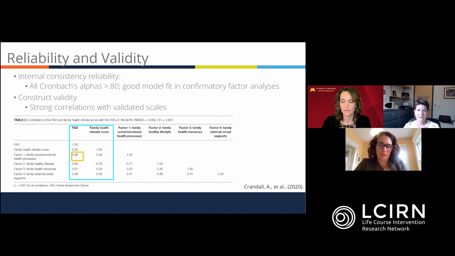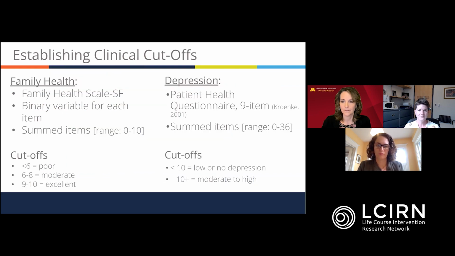We also expected that the family health climate score, which looks at some nutrition and physical health behaviors of the family, that it would be highly correlated, especially with family healthy lifestyle. And it was. So that gave us, we were on the right track with this measure. Then with that short form, we wanted to see if we could establish clinical cutoffs.